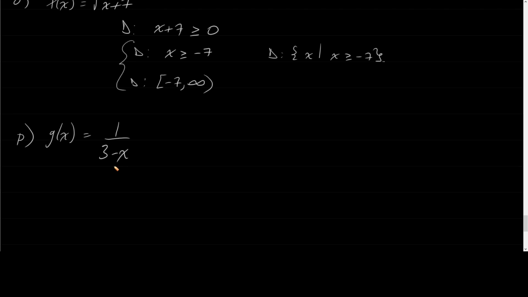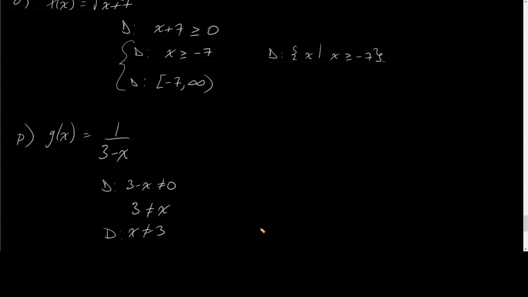Well, we're not allowed to have zeros in the denominator of a fraction because then we would be dividing by 0. So 3 minus x cannot be equal to 0. That tells me that 3 cannot be equal to x. Normally we would write that as x cannot be equal to 3. And that would be our domain.